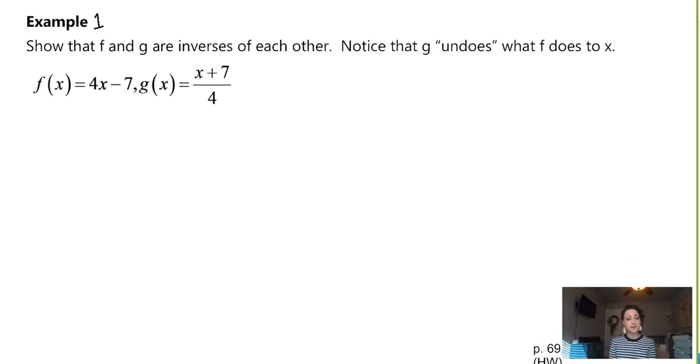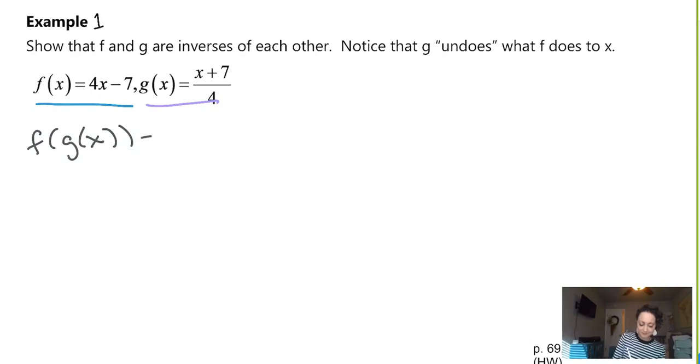All right, so let's prove that f and g are inverses. To do this, remember that we compose the two. So let's start with f of g of x, okay? So f of g of x. We are going to go f, and then g of x is (x plus 7) over 4.